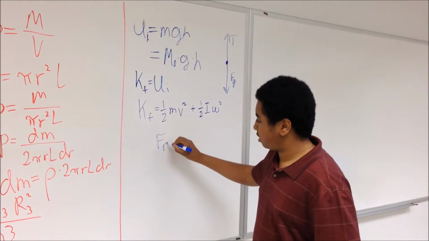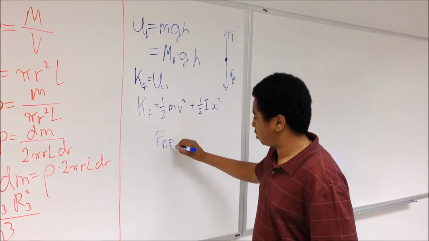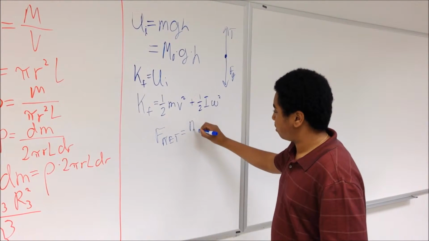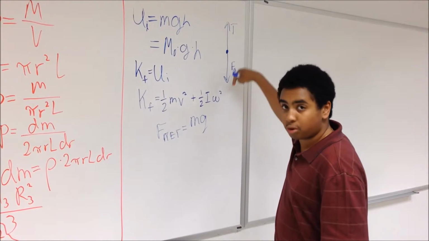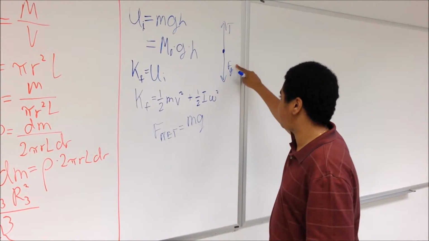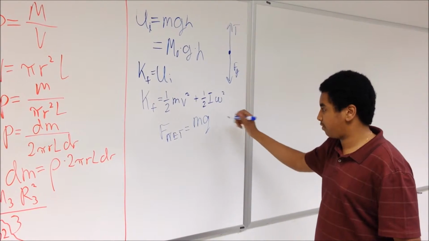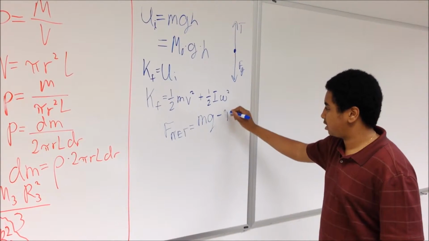So, F net is going to be equal to, just the net force is down, we're just going to consider that the frame of reference. The force due to gravity is going to be the mass times acceleration due to gravity minus tension.